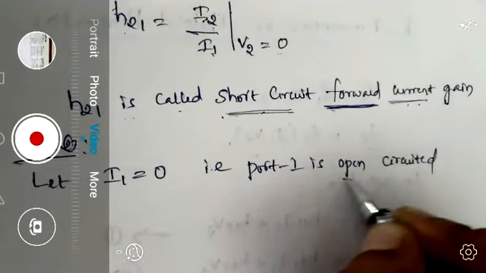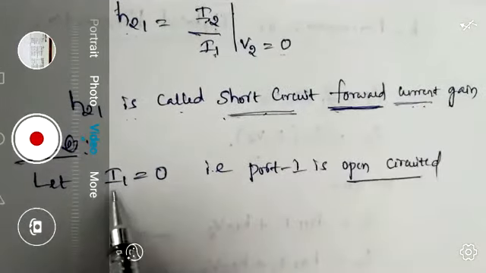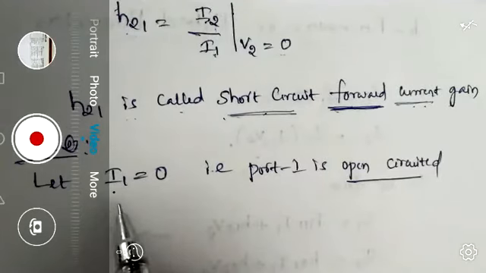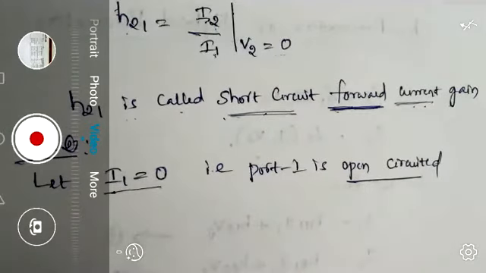You have to remember: if you make current equal to 0, it is open. If you make voltage equal to 0, it is short circuit. Current equal to 0, open. Voltage equal to 0, short. That point you have to remember.